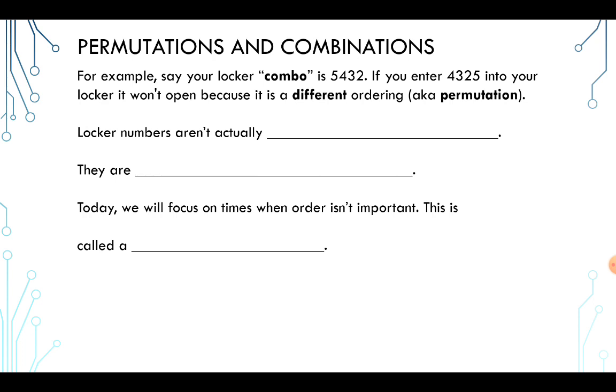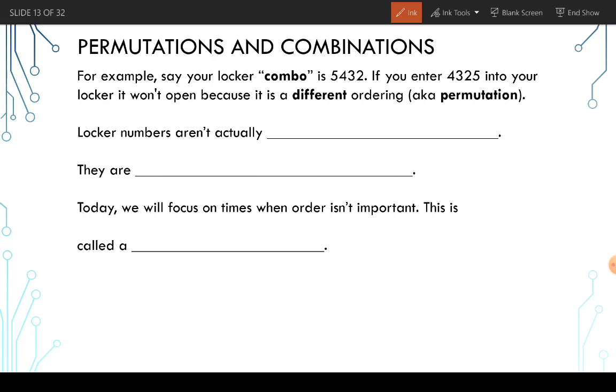If you enter 4, 3, 2, 5 into your locker, it won't open because it is a different ordering, aka a permutation. So I can't just take these numbers here and enter them into my locker any way I want, for instance, using 4, 3, 2, 5.